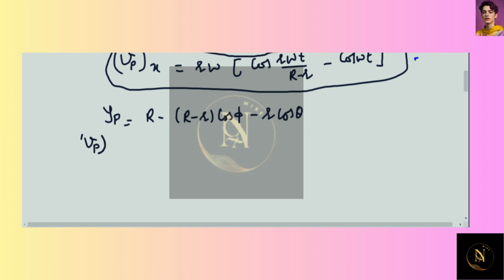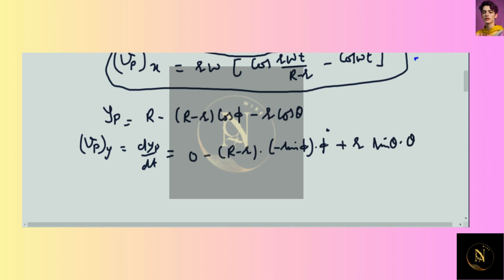The velocity of point P along the y-axis, dy upon dt: R differentiation is 0, minus sin of phi into d phi upon dt, that is phi dot, times (R minus r), plus positive r sin of theta times theta dot.